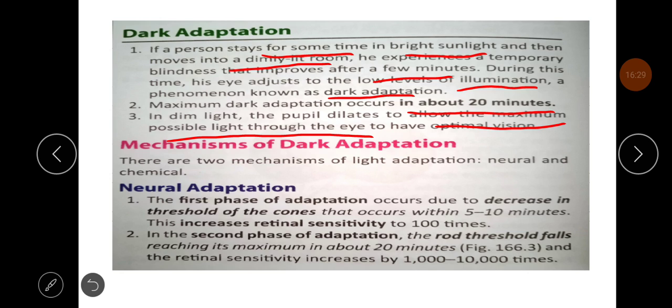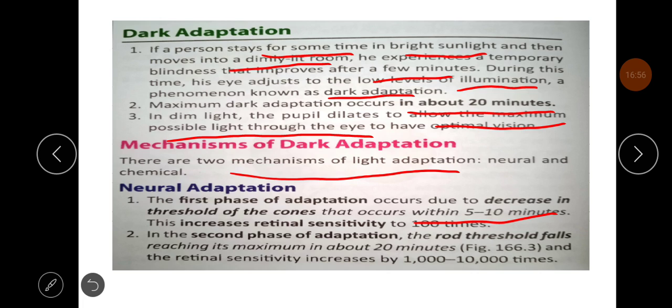Similar to the light adaptation, there are two mechanisms of dark adaptation: the neural and chemical. In the neural mechanism, the first phase of adaptation occurs due to the decrease in the threshold of the cones that occurs within 5 to 10 minutes.